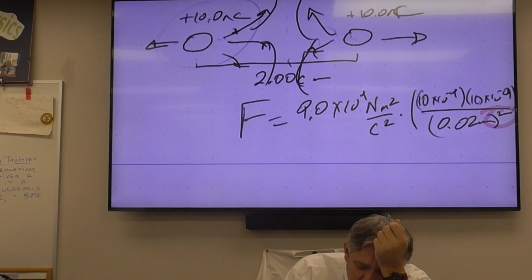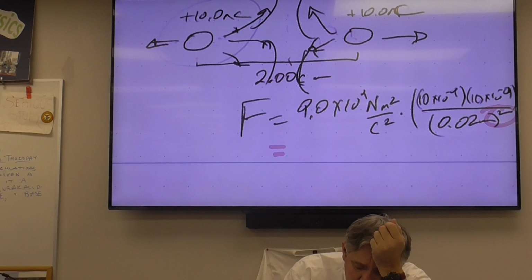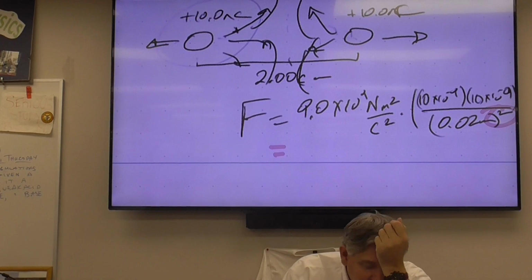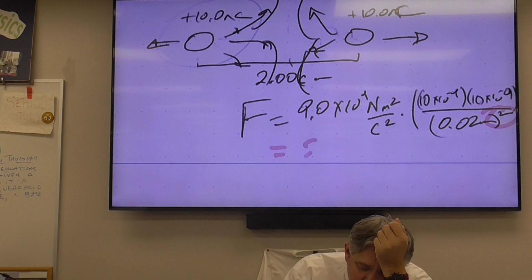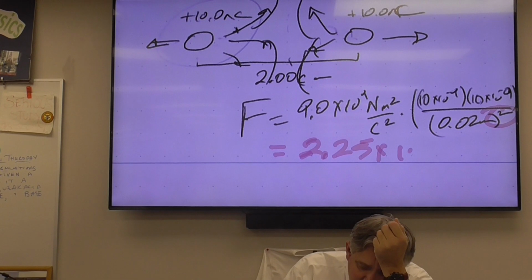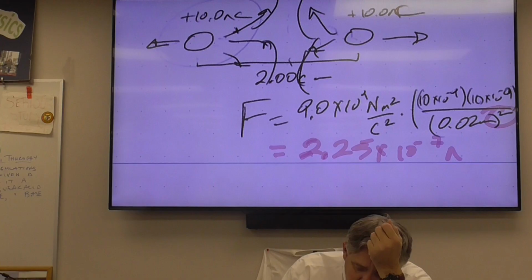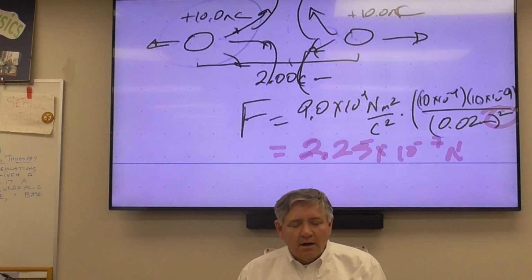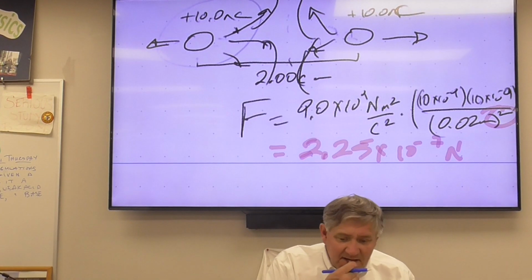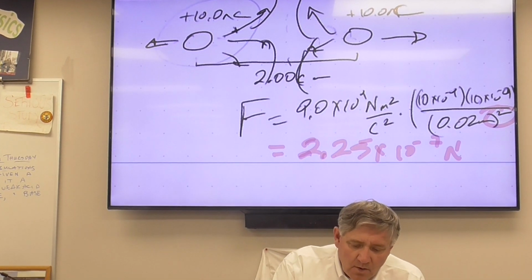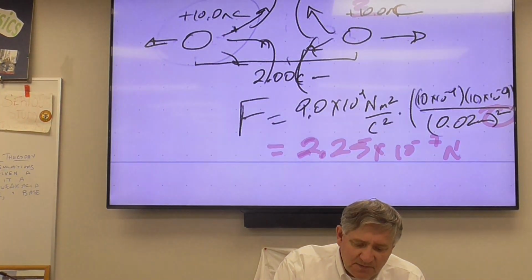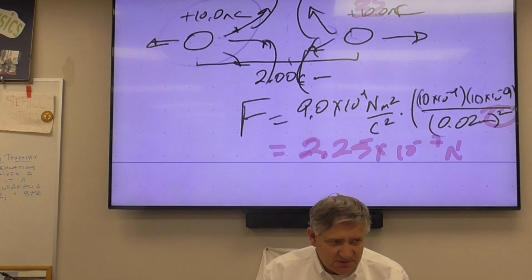7, 20? No, you don't. I don't know, what do you get? 2.25 times 10 to the negative... supposedly 7. Odd, and it's not 5. What if one of those had been 25 nanocoulombs?